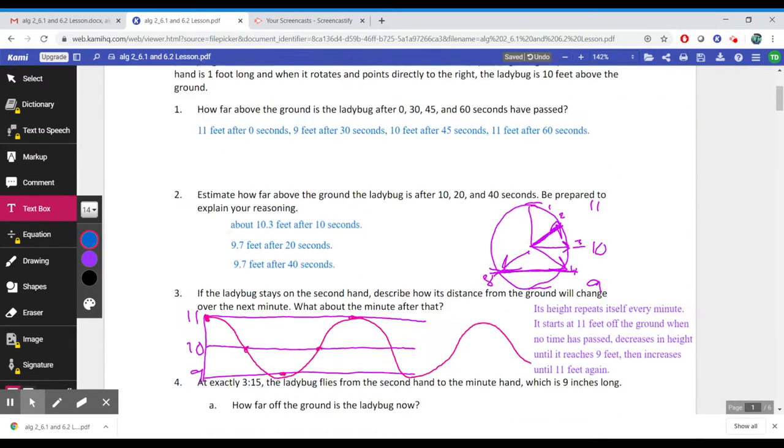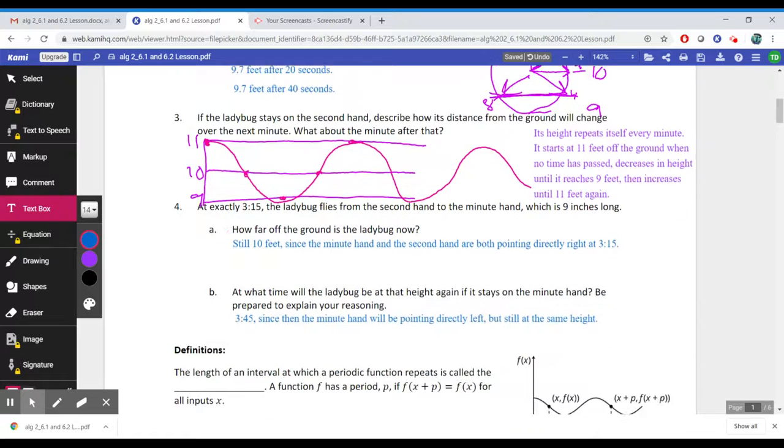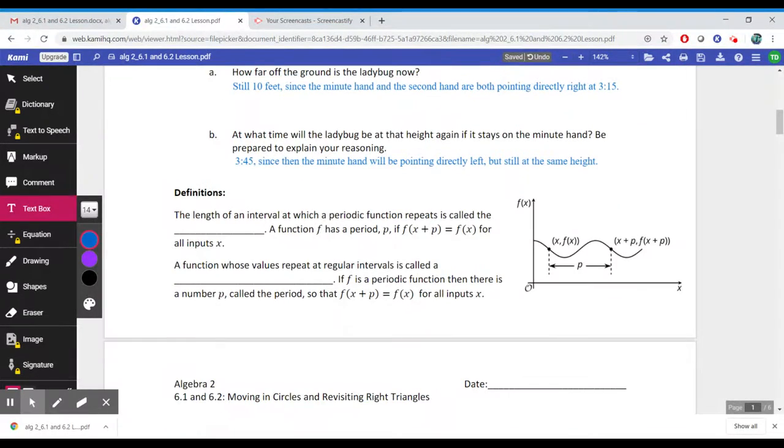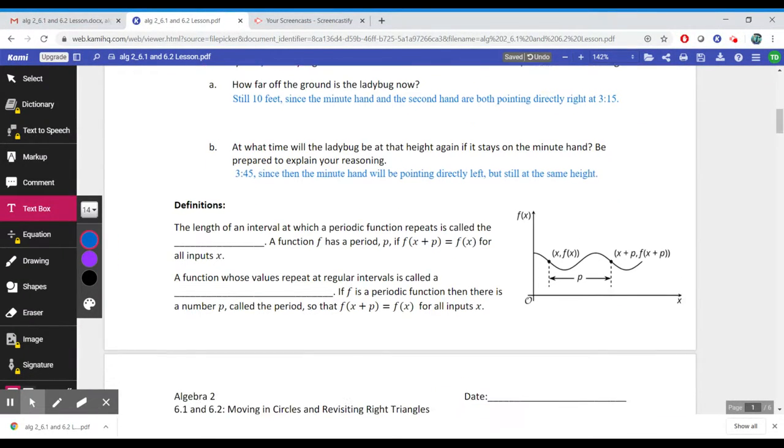So with that first task taken care of, we've been dealing with this clock where the motion is moving in a regular interval. We have some definitions that can help us conceptualize this next. The first definition says the length of an interval at which a periodic function repeats itself is called the, and we refer to that in the math world as the period.